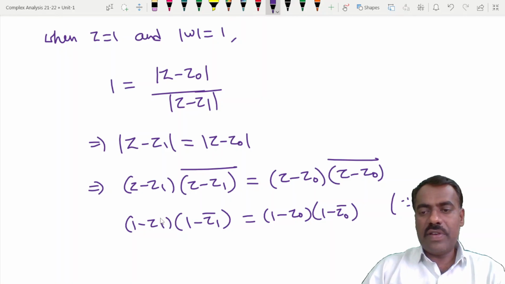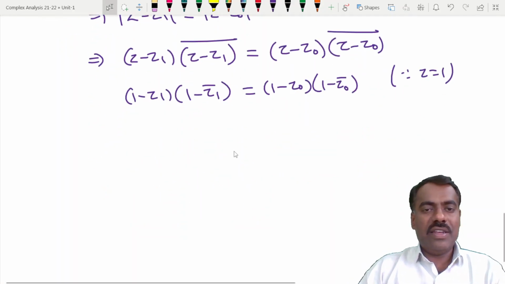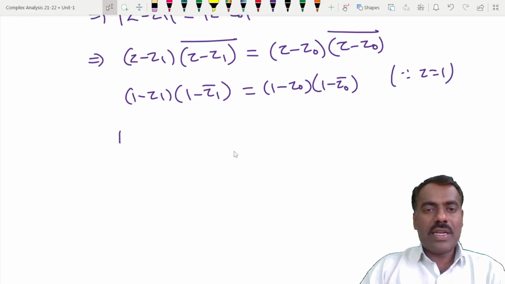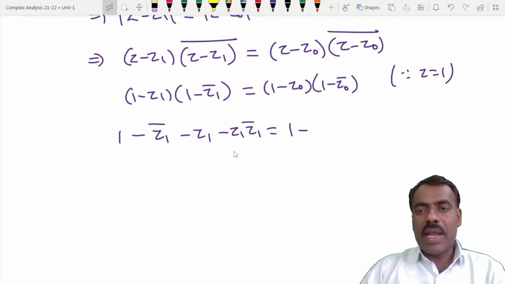Now you can simplify this, and what we get is 1 minus Z1 bar minus Z1 plus Z1 Z1 bar. Similarly, here 1 minus Z0 bar minus Z0 plus Z0 Z0 bar.